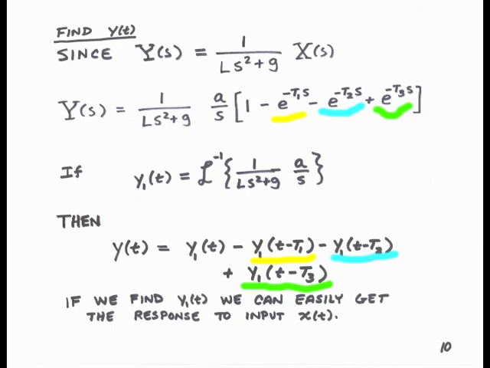Therefore, we only need to find the response to the first step change, y1, and then all the other step change responses will be delayed versions of this. So let's now find y1 of t by taking the inverse Laplace transform.